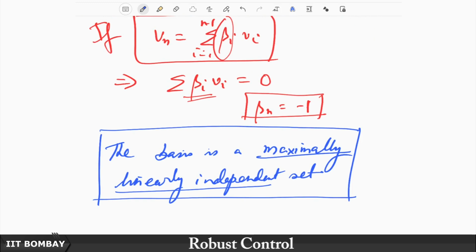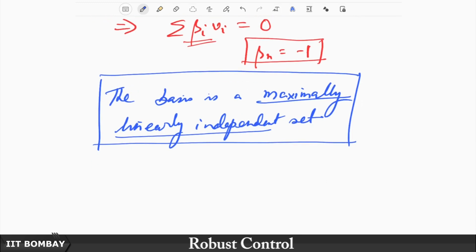If it is maximally linearly independent, then you take any other vector and append it to this set, and that vector can be written as a linear combination of the other elements, which means that vector belongs to the span of this set. So, even when you call it maximally linearly independent, you are automatically saying it is not just linearly independent, but also a spanning set. So, all these three definitions of the basis are one and the same, they are equivalent.